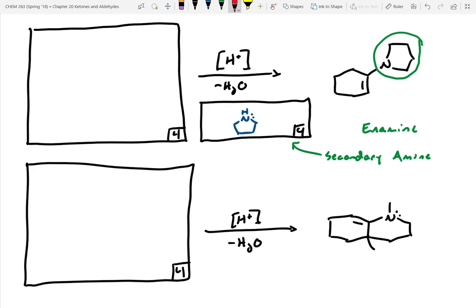Remember that the acid here isn't just straight strong acid. It's a buffer system, but it's pH 4 to 5. So we've got our secondary amine. Conversely, that means this portion must have been the ketone. And we need to identify where the carbon-oxygen double bond used to be.